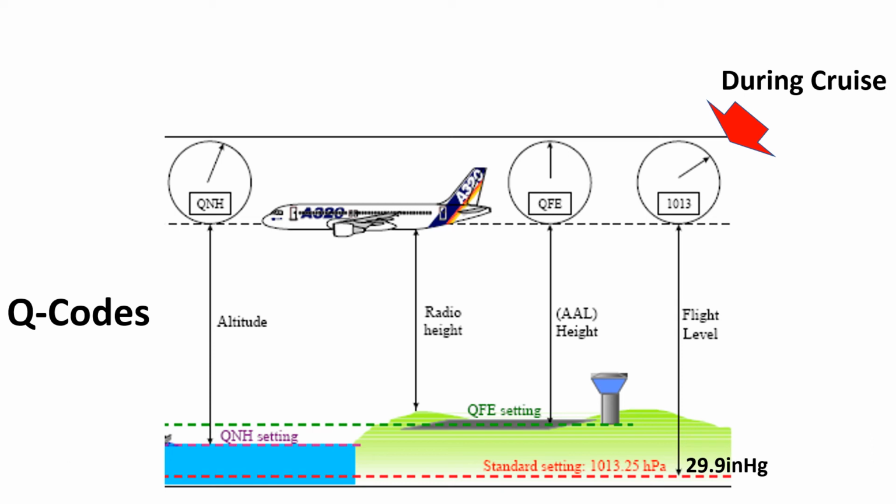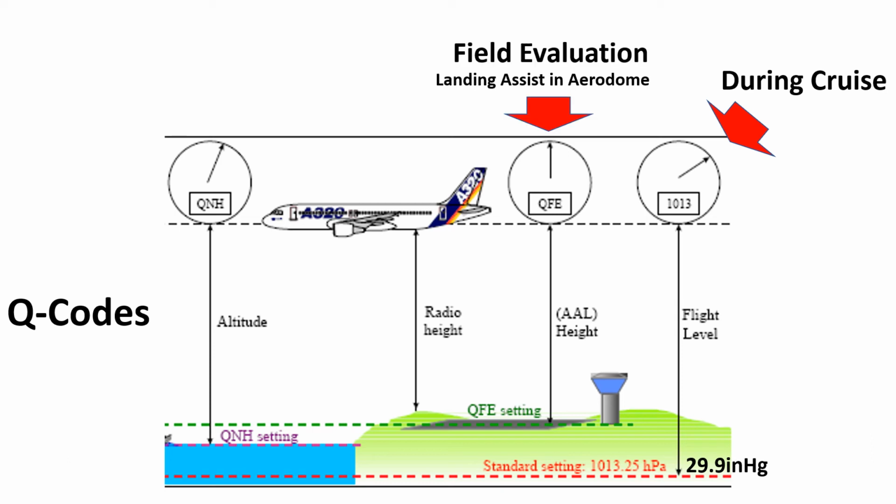One is QFE. For this Q code, FE is equivalent to field elevation. In this scenario, the pilot needs to reference the altimeter at the pressure of the aerodrome.